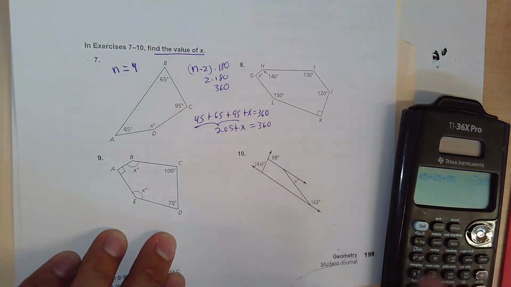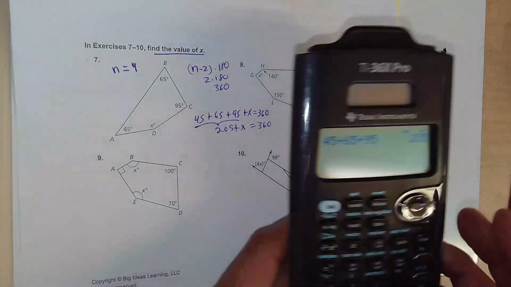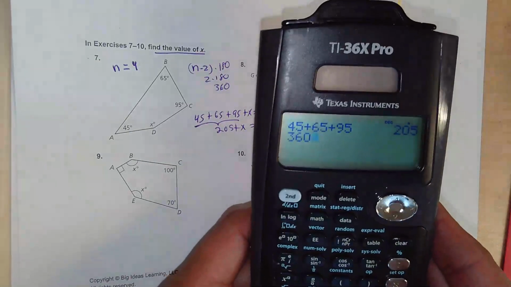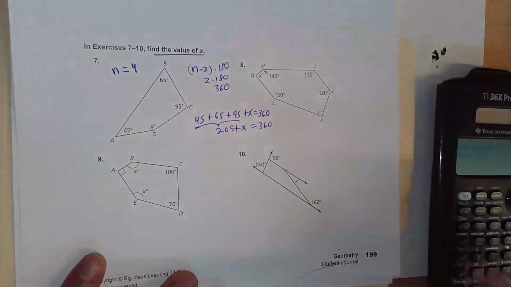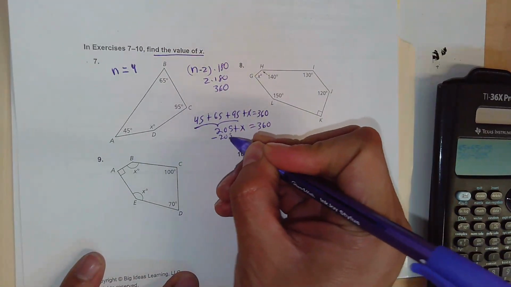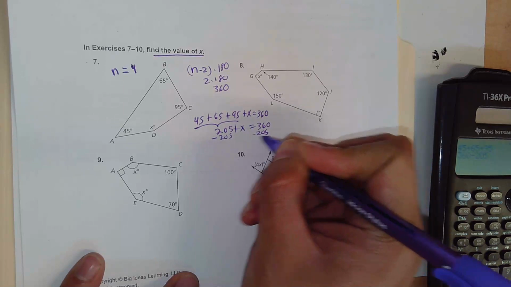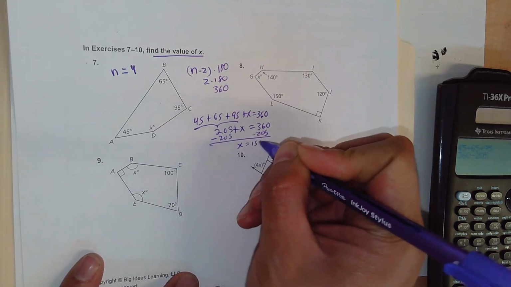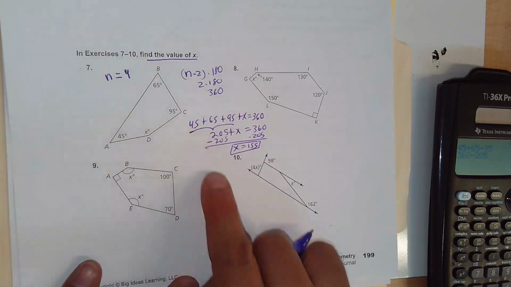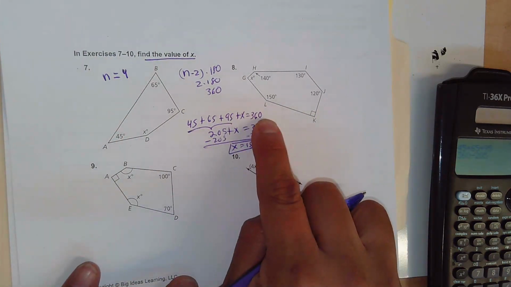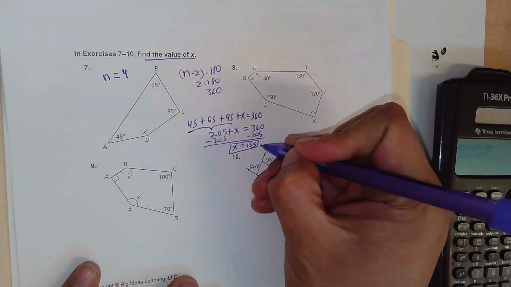Then I subtract 205 from both sides and I get 155. To check that this number is right, you simply plug it in and see if it equals 360. I already did. It does check.